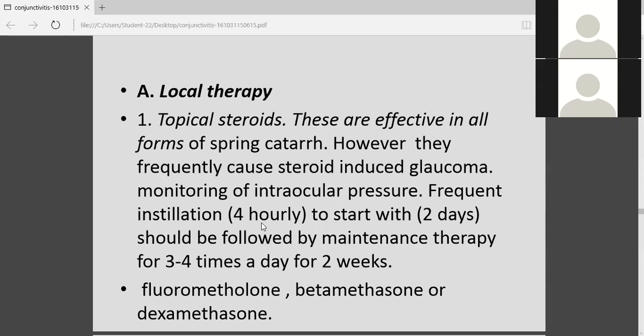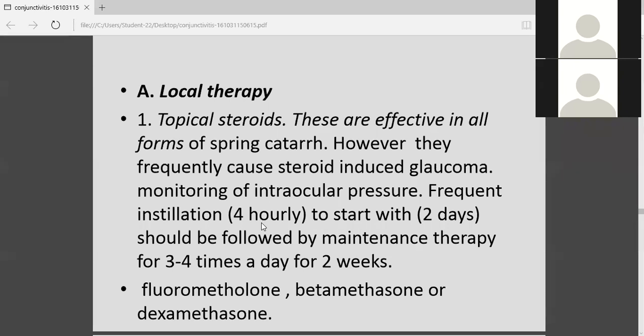You are compelled to use steroids topically because the other anti-allergics like the mast cell stabilizers, sodium cromoglycate, lodoxamide, or the antihistamines like levocabastine or ketotifen are also effective, but they will not have too much effect in curing vernal keratoconjunctivitis.